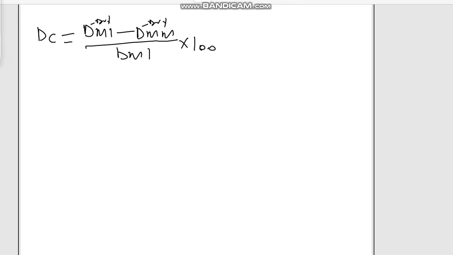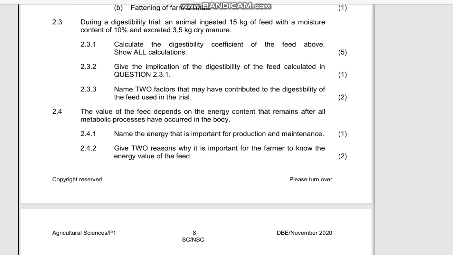So let's have a full look at this in our question. They're saying during a digestibility trial, an animal ingested 15 kg of feed. Now the 15 kg will be the feed that is ingested by our farm animal. They're saying the feed has a moisture content of 10%. That means in this 15 kg of feed, there is 10% moisture.